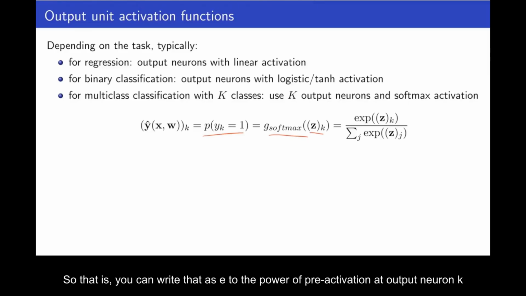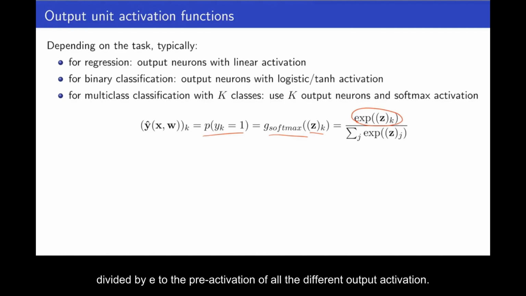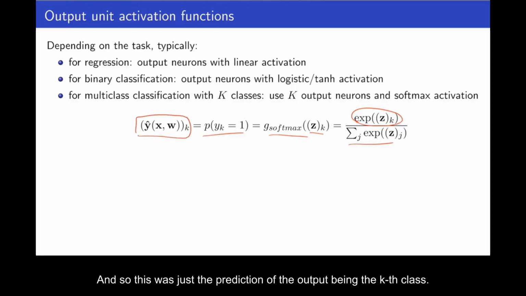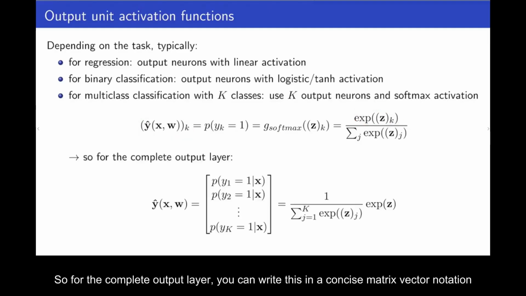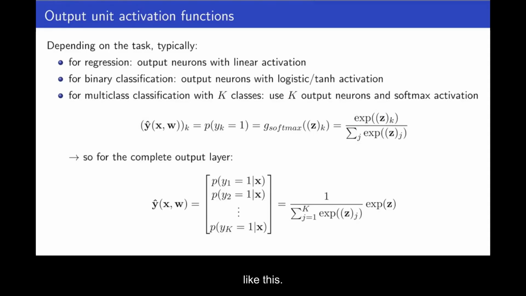So you can write that as e to the power of the pre-activation at output neuron k divided by the sum of e to the pre-activation of all the different output neurons. And so this was just the prediction of the output being the kth class. And so for the complete output layer, you can write this in a concise matrix vector notation like this.